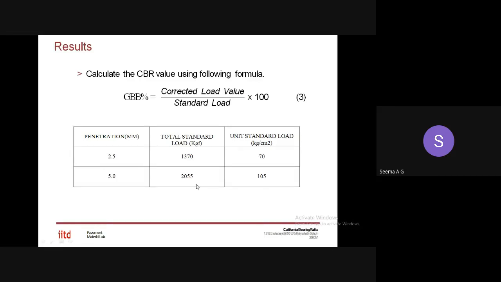If by any chance the CBR value corresponding to 5 mm is higher, the experiment is to be repeated, and again if you get similar results, you can report the higher value as the CBR value of the soil sample, or the soil mass.